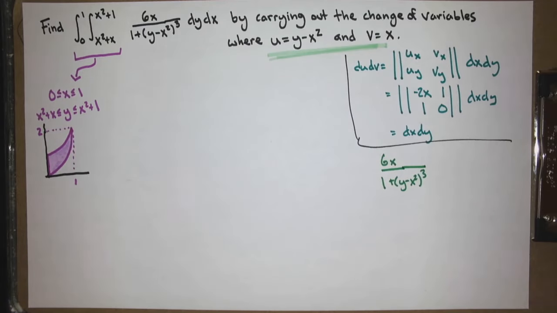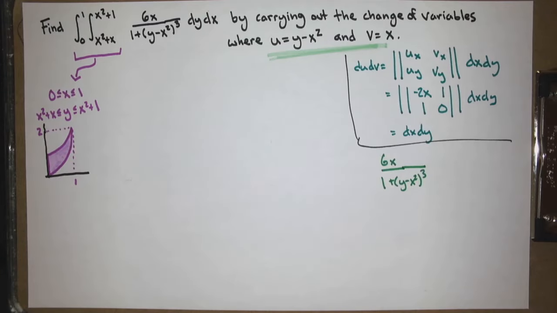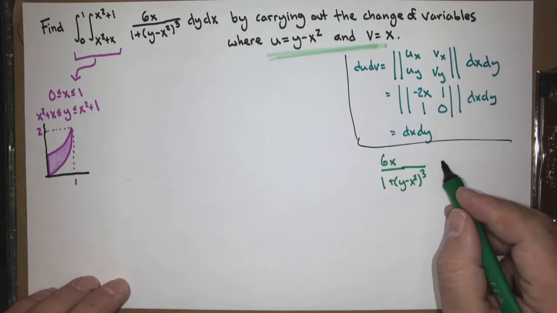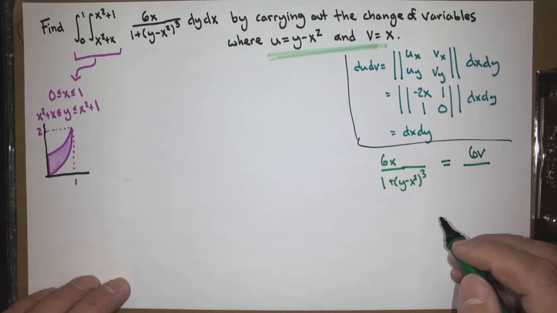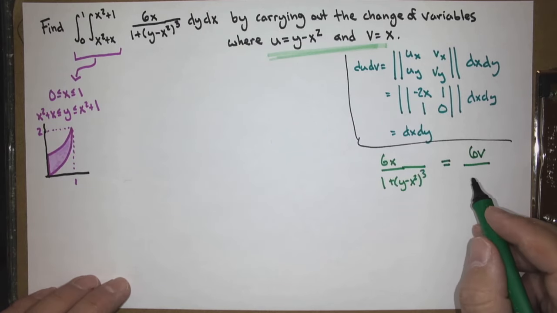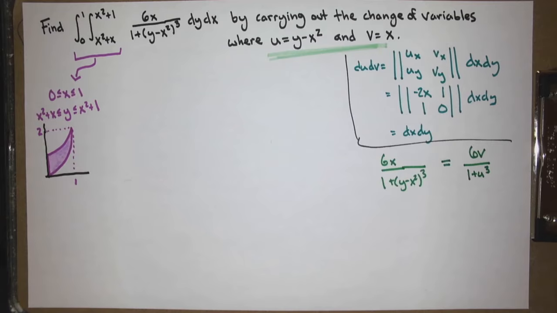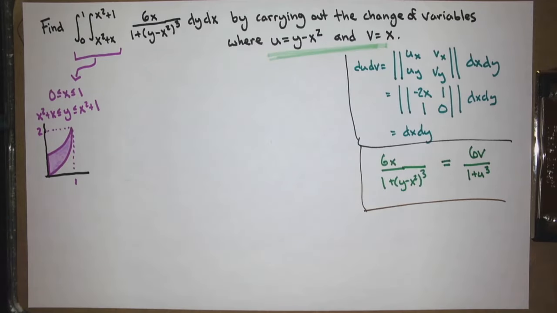So how can we use the fact that u equals y minus x squared and the fact that v equals x to rewrite this whole expression so it only involves u and v, no x's or y's? How about the top? Is there a way to write that in terms of u and v? Yeah, 6v. How about the bottom? Yeah, 1 plus u cubed. And then we're done with that part. Nice! These problems are faster than we thought. It's almost like they want us to succeed.